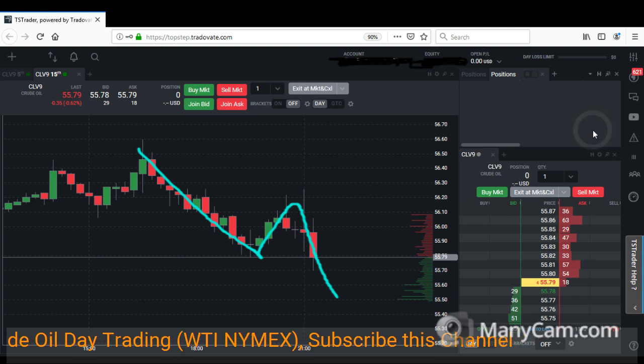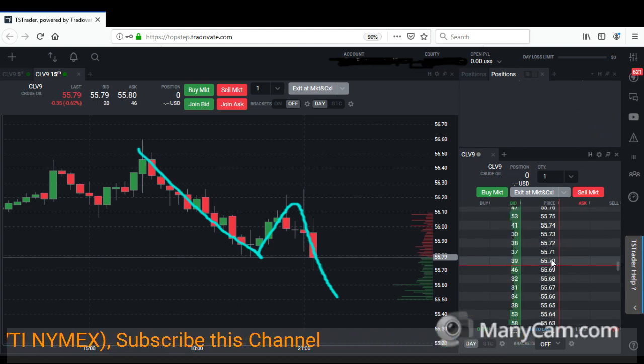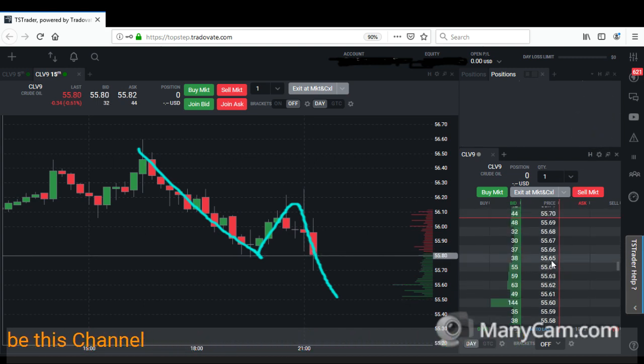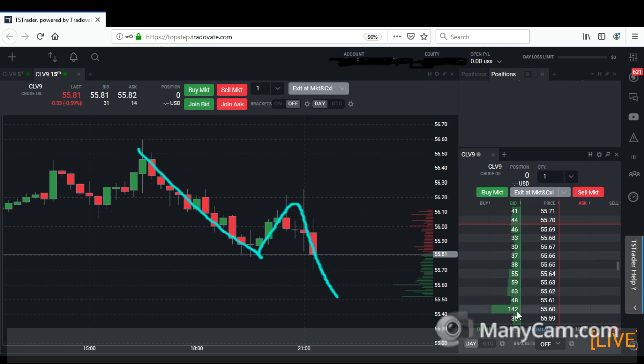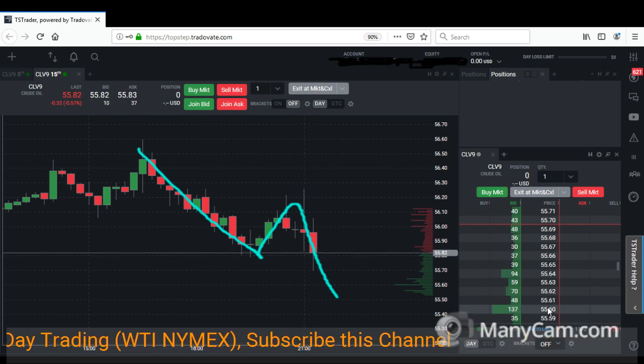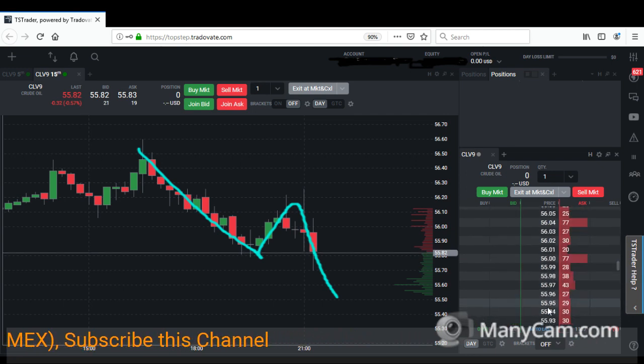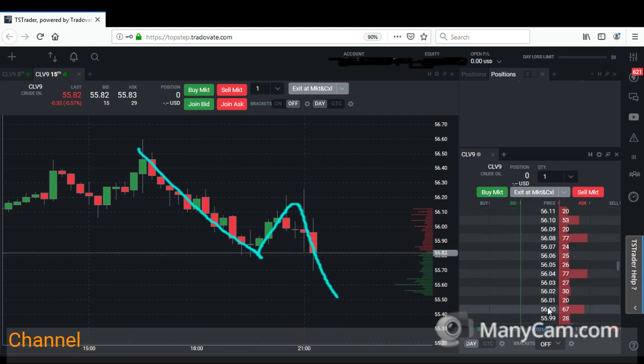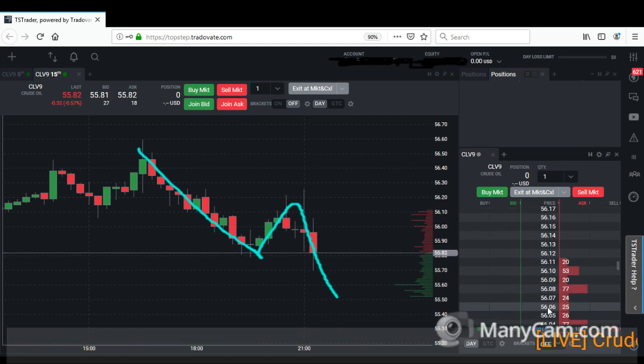Let's take a look at the volume. For the volume below the current price, there's a high volume waiting at 55.60. I'm expecting the market to go bearish for maybe the next 1 hour. On the upper side, there's quite a regular queue, not much on the extreme, nothing special.